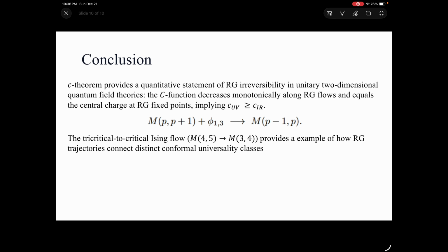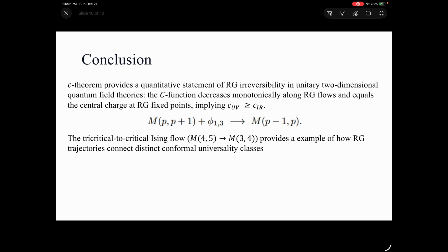By the two-point function of the stress tensor and its trace operator, we can define the c function. After analysis, we know the c function will decrease monotonically and will be the central charge at the fixed point. Then we consider a UV fixed point which can be described by a minimal model M(p, p+1).